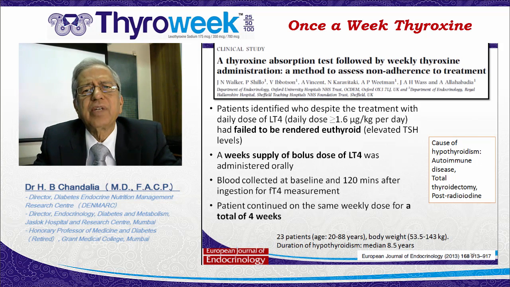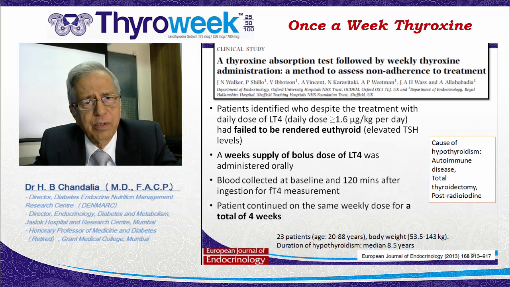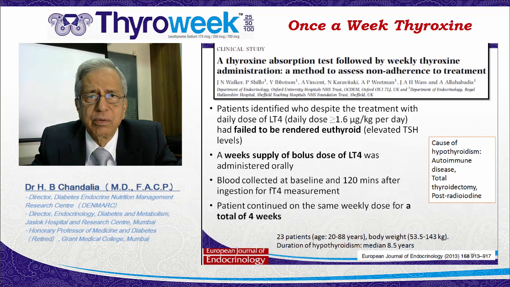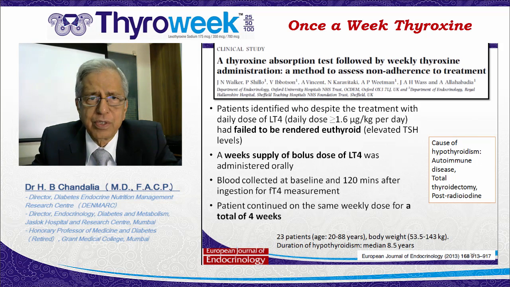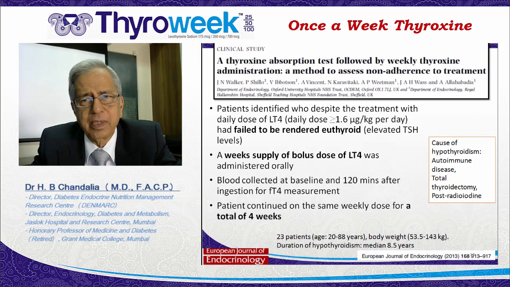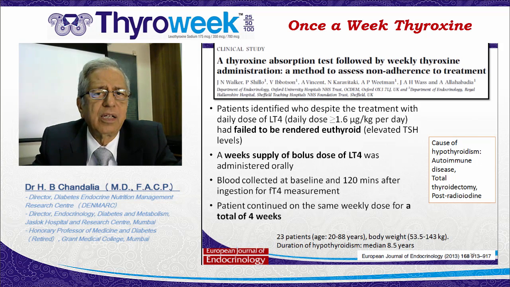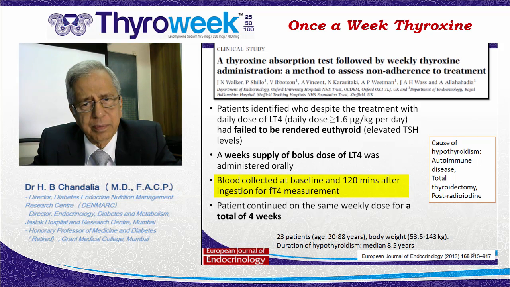In a patient where you have replaced thyroxine in almost adequate doses, and you find that there is some problem, how do you go about resolving this issue? The best way is to administer a tablet of thyroxine and then measure free T4 levels at intervals of about 1 hour for the next 3 hours.